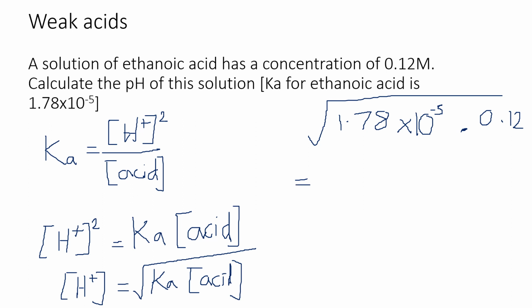And when you chuck that into your calculator to three significant figures, that comes out as 0.00146. And therefore pH is minus log of H plus. So that gives us a pH of 2.84.